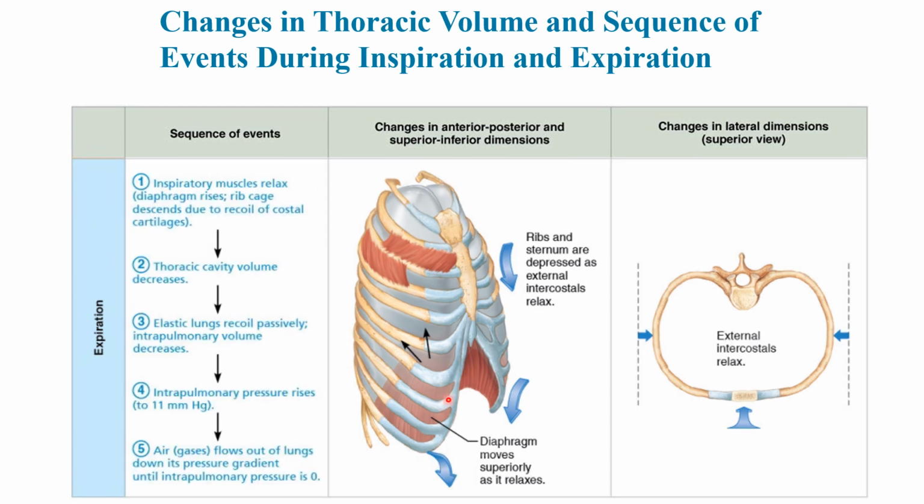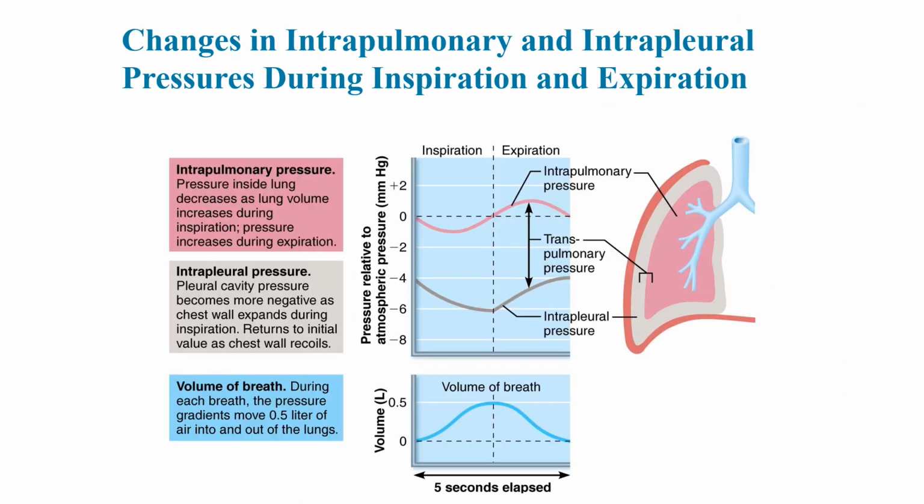And because of that increased intrapulmonary pressure, there is a pressure gradient, and now the air flows out of the lungs into the atmosphere till an equilibrium of 0 is reached. So this is our inspiration and expiration.